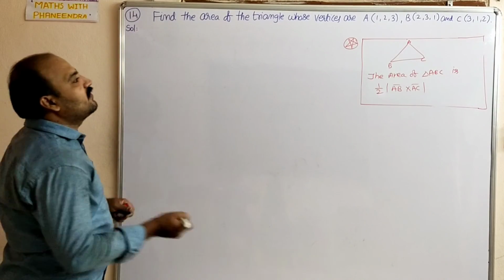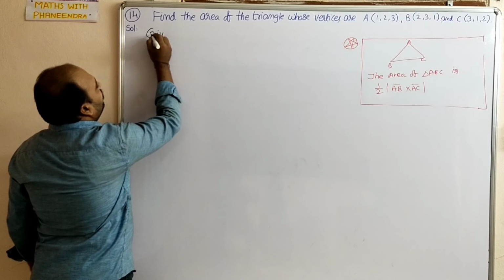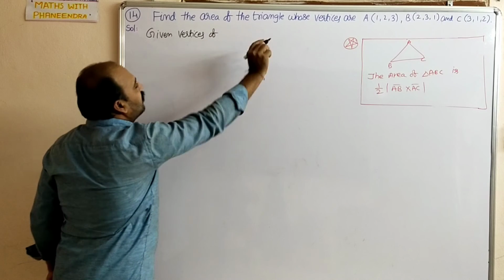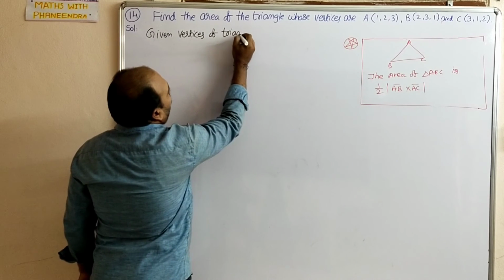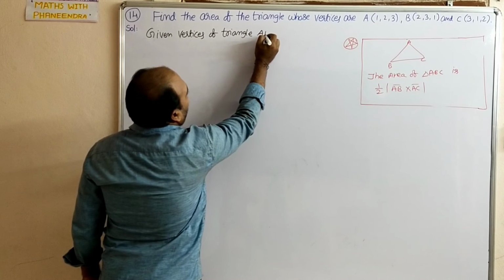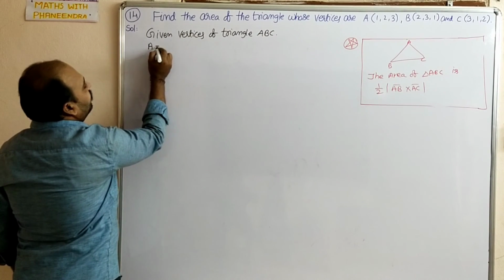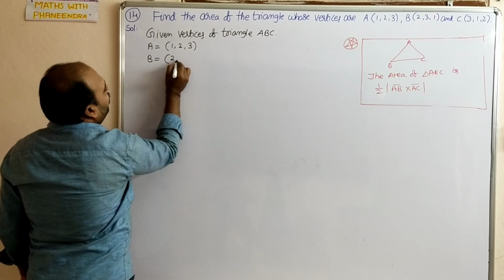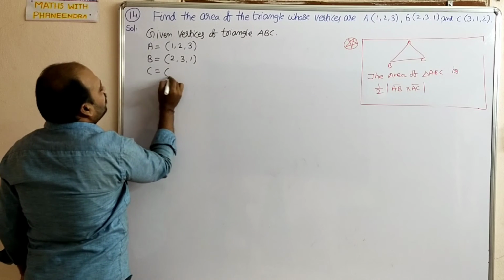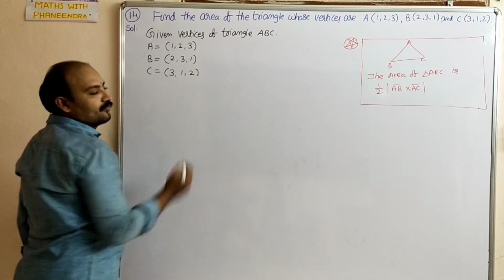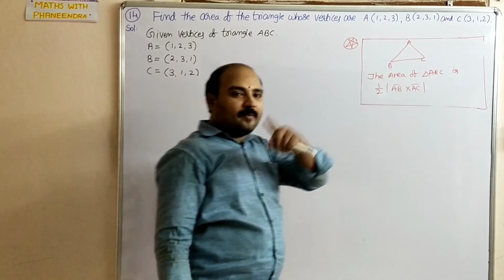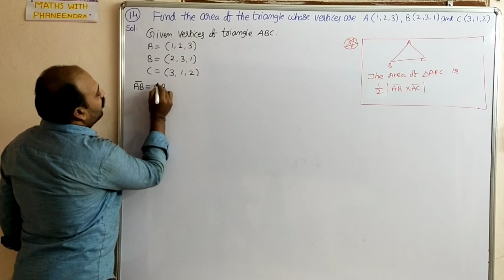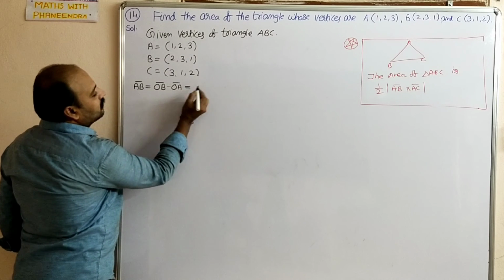See here, first the given vertices of triangle ABC: A of 1 2 3, B of 2 3 1 and C of 3 1 2. According to this formula, we want AB bar. So AB bar equals OB bar minus OA bar.